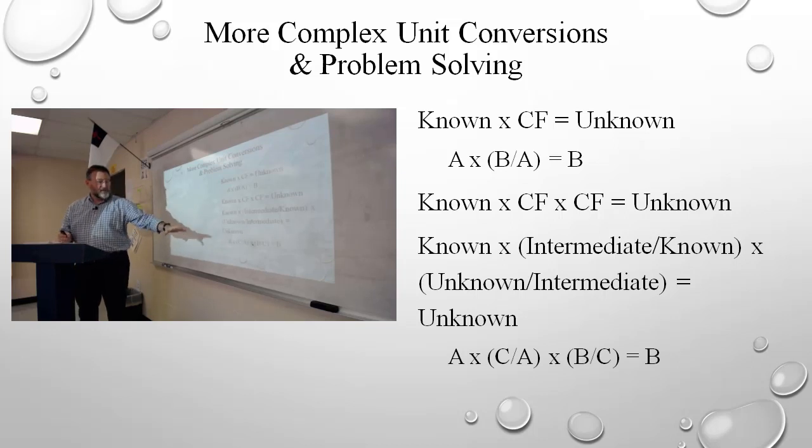A times C over A times B over C equals B. My given, my known, is A. My unknown or wanted is B. But if I can't translate directly from A to B, I may have to translate from A to C and then from C to B.